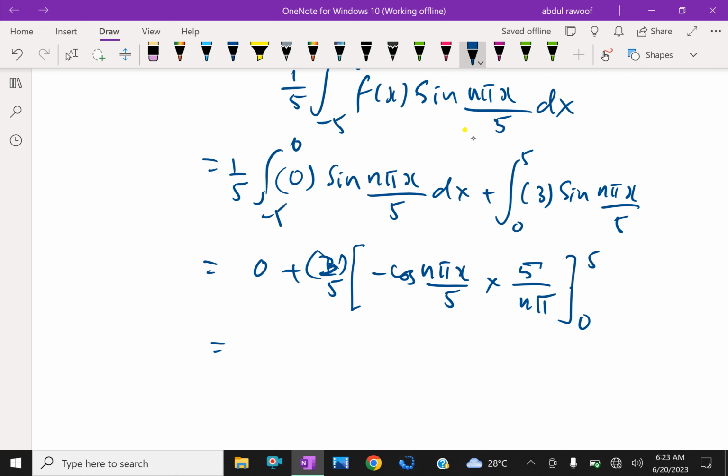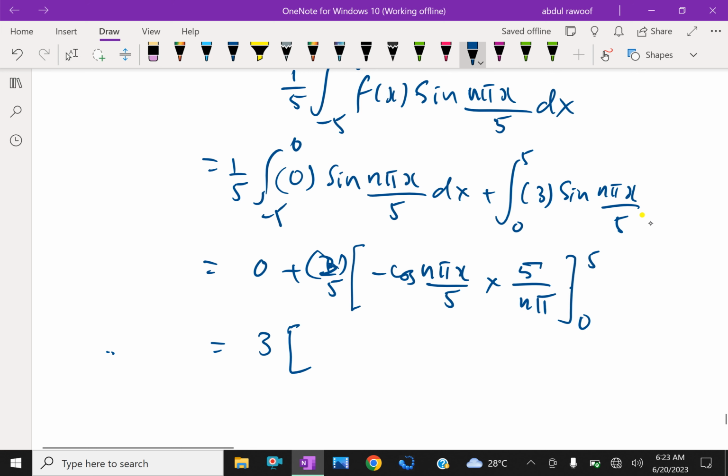This becomes 3 into 1 minus cos n pi. Applying the limits 5 and 0: cos 0 is 1, that is minus 1 comes here, and if you apply 5, it gives cos n pi.